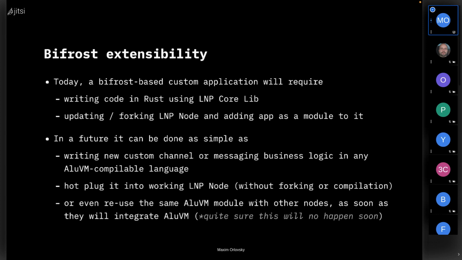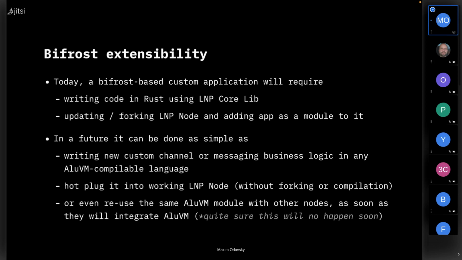This is the way it is done today only because we need to do things not in parallel but one by one. So we will finish the LNP node Bifrost RGB, and then we will move on to working on Alluvium and adding support for more languages to Alluvium.